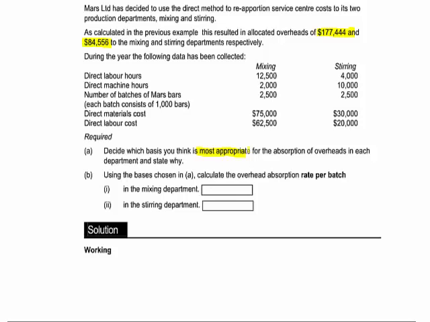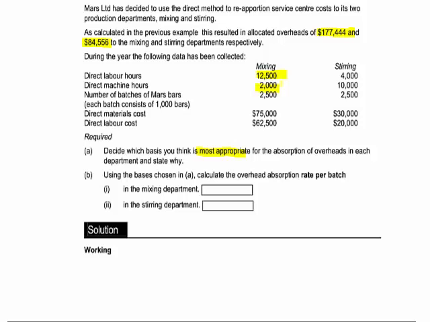In the department that's responsible for mixing, we have to decide what would be the best way to absorb the overheads. Well, we can see that the number of machine hours compared to the number of labour hours is significantly lower. So given that there are mostly labour hours involved in the mixing department, it seems that mixing is a very labour intensive process.